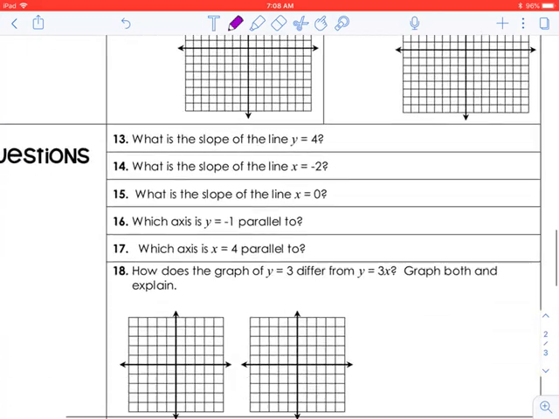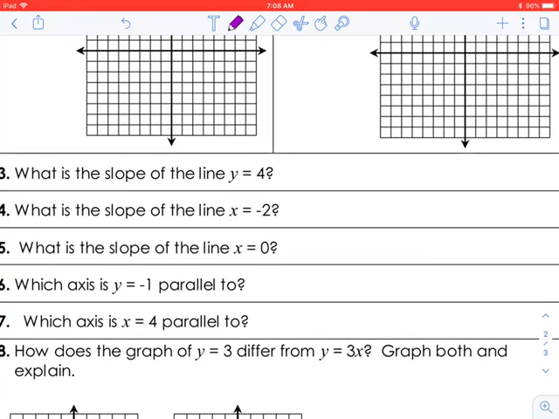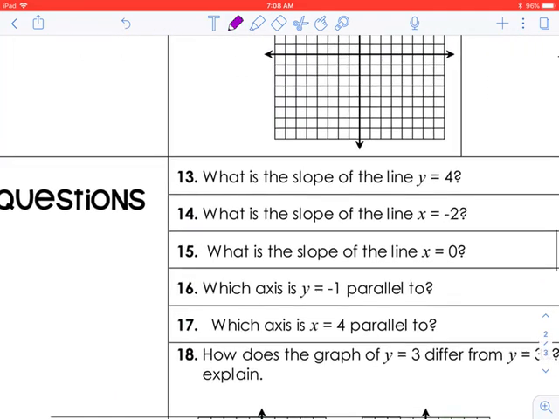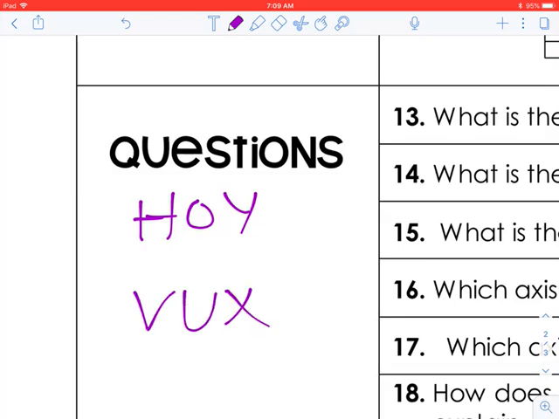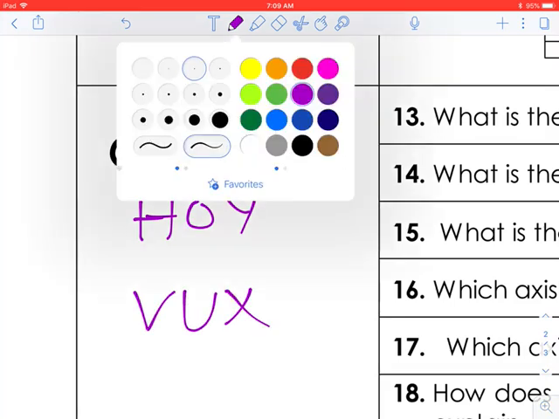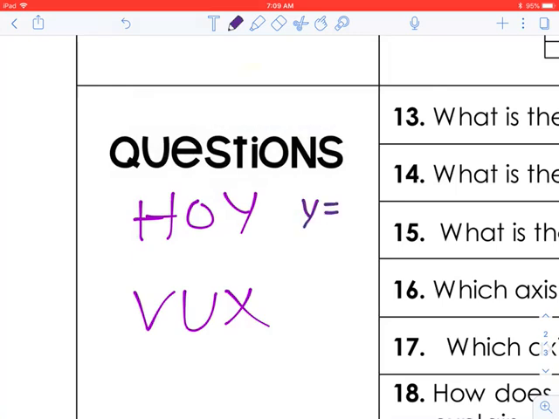Okay, and so at the bottom, we want to talk about the slopes. A couple words you can remember are HOY and VUX. Okay, horizontal or y equals. HOY and VUX means that y equals a is going to tell you the slope is 0. The O in HOY means 0. The H means horizontal.